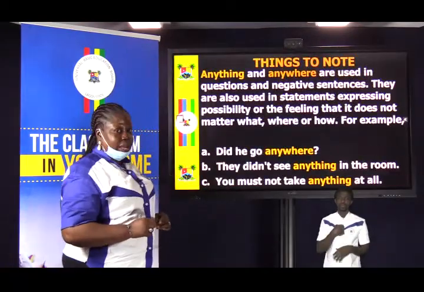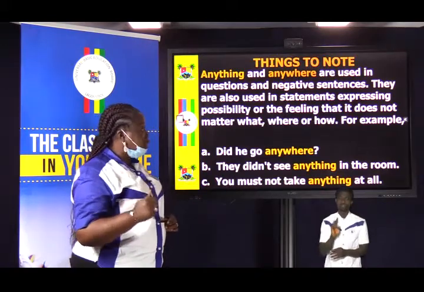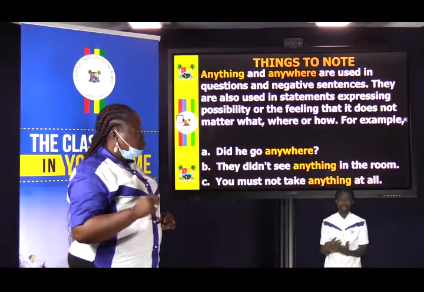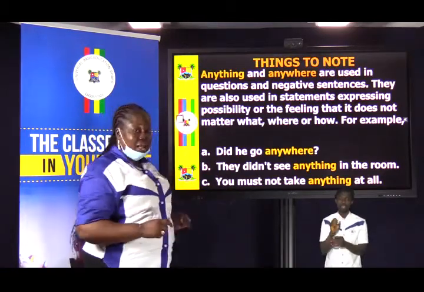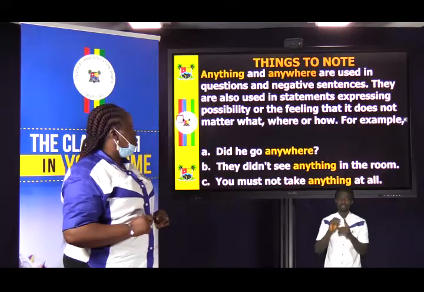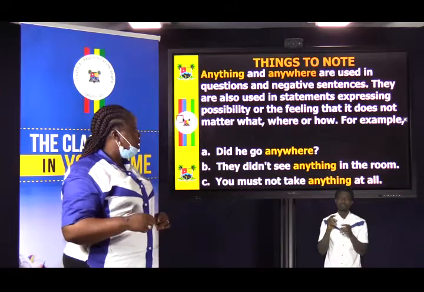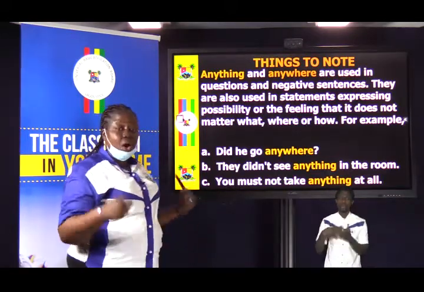We need to note again that anything and anywhere are used in questions and negative sentences as well. They are also used in statements expressing possibility or the feeling that it does not matter what, where, or how.